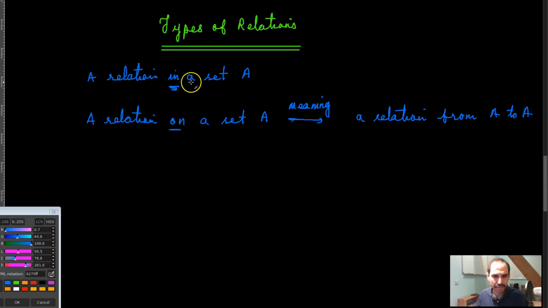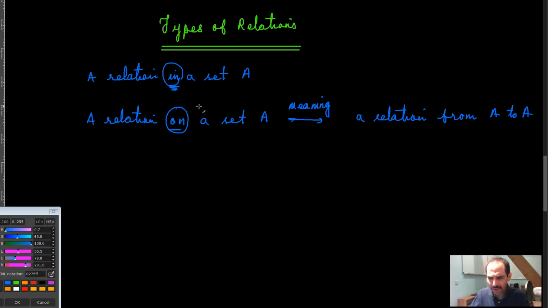But most probably, based on what I have read in the text, they have used "in" and "on" interchangeably. So for now we will just take it as meaning the same thing, unless we come into some sort of contradiction or problem.